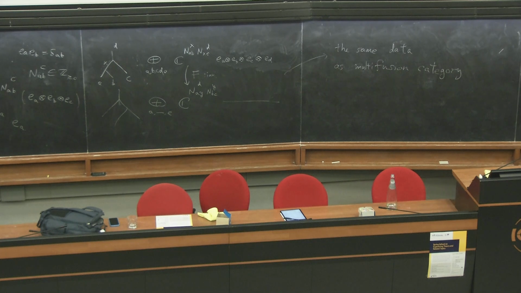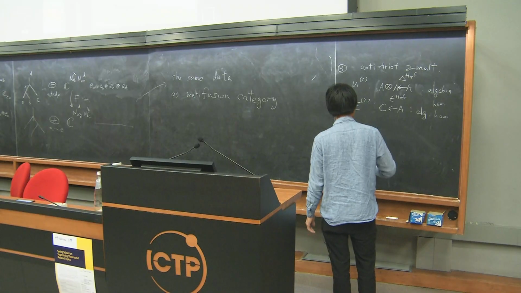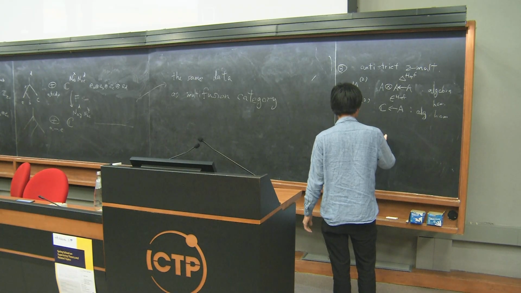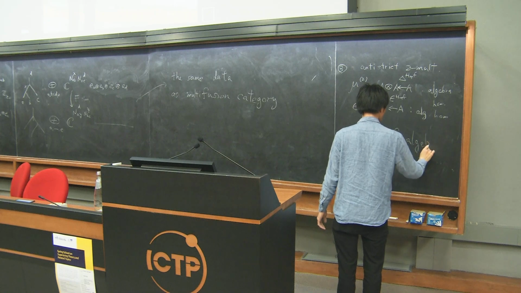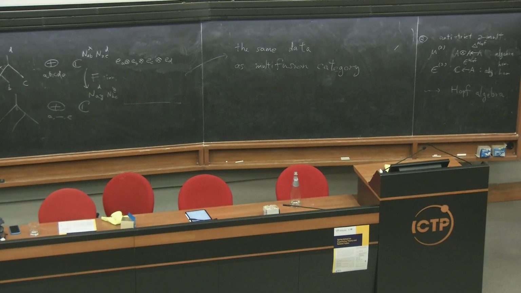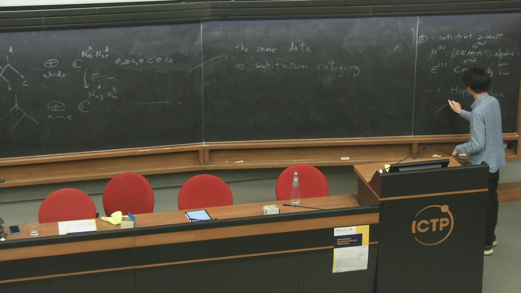And then if you expand the definitions, you arrive at the Hopf algebra. The antipode comes from the Casimir element. The Casimir element is in A tensor A to A bimodule, sorry, to C bimodule.